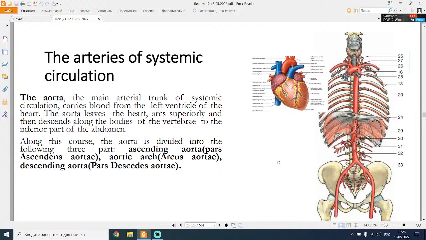Three parts: pars ascendens aortae, arcus aortae, and pars descendens aortae. Descendens aorta, this is a mistake. Ascendens, arcus, and descendens.